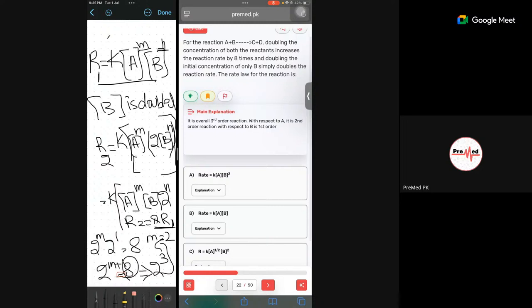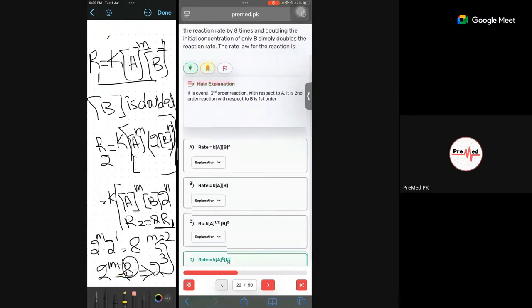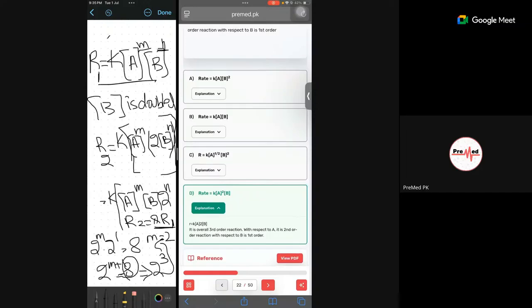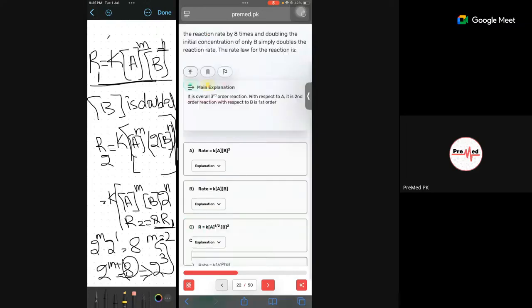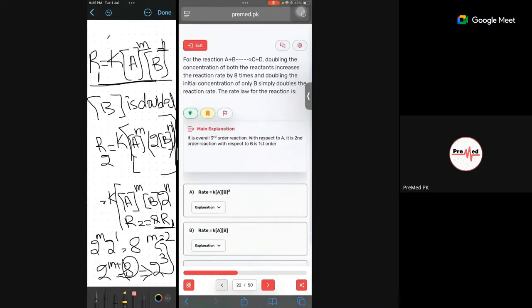So in this particular case, our answer is going to be rate is equal to k a square b. If I just summarize it all for you guys, we did the step 1 as rate 1 is equal to k, a to the power m and b to the power n. Next, we had in the MCQ, which was b is being doubled.